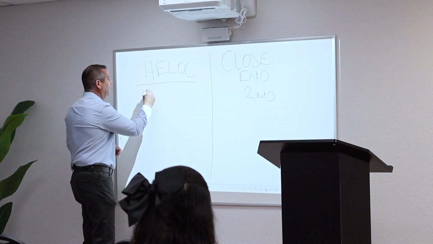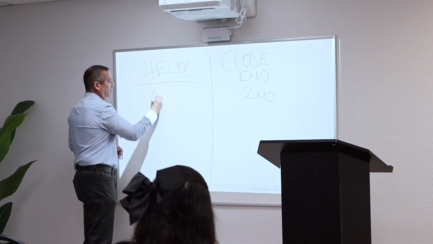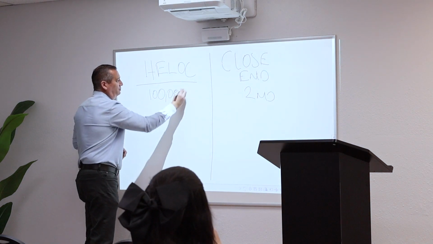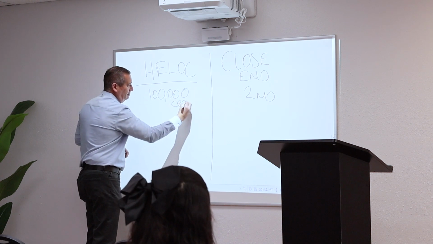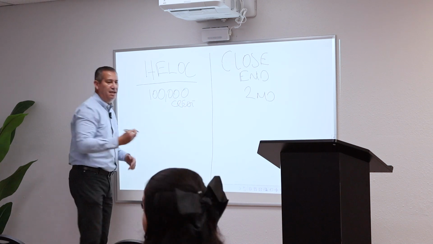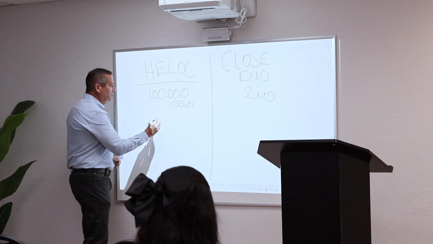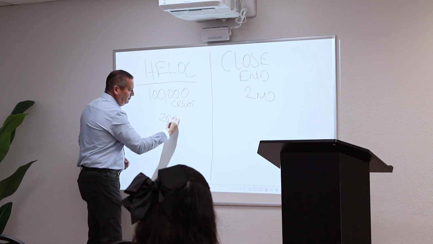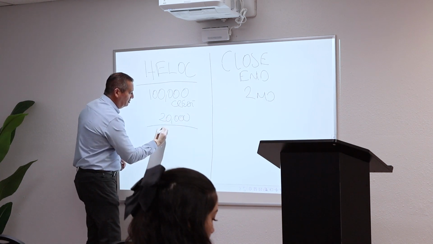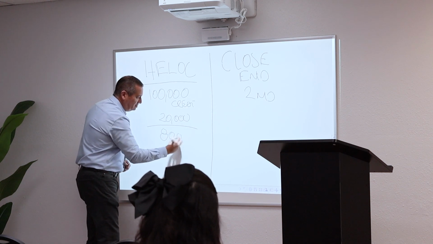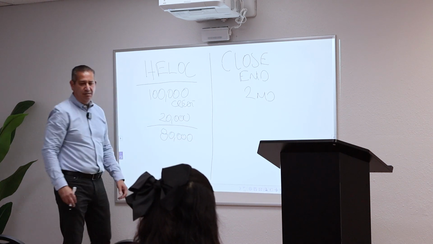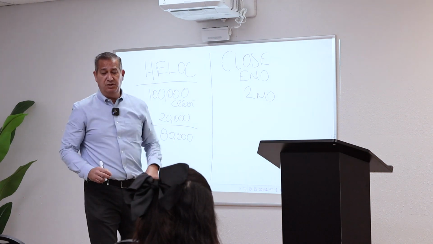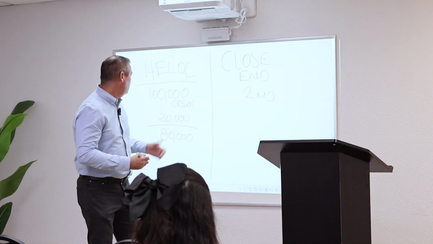So on a HELOC, they give you, for example, $100,000 of credit. If you want to, you can use $20,000. If you use $20,000, then you have credit available of $80,000. Now, you might want to use another $10,000 because of XYZ.